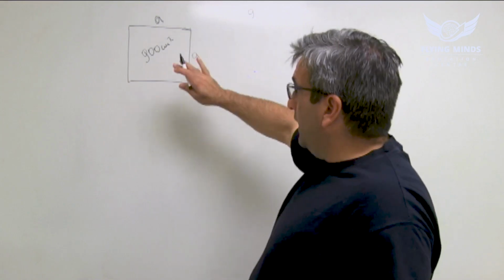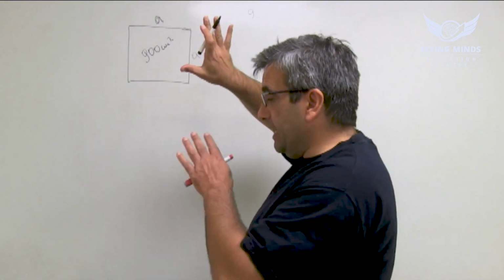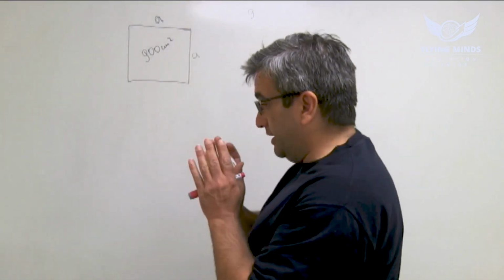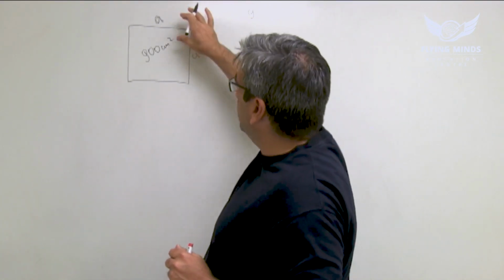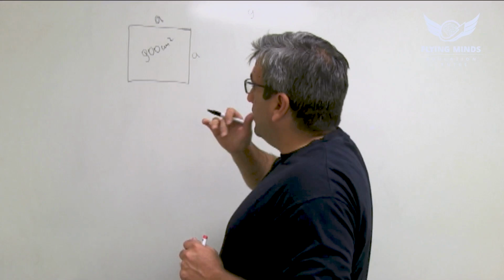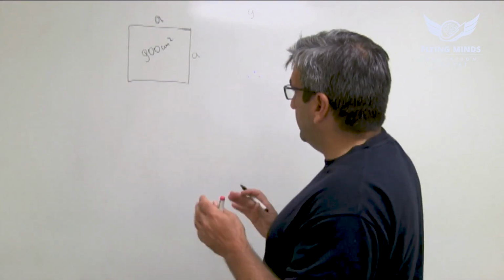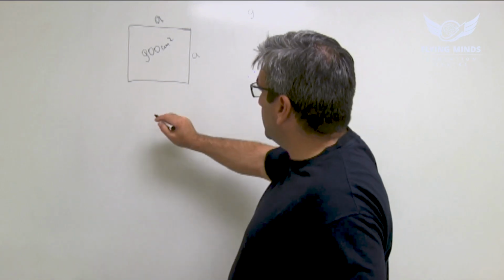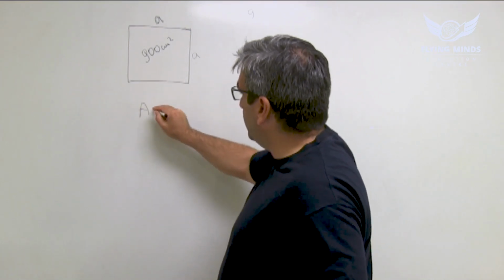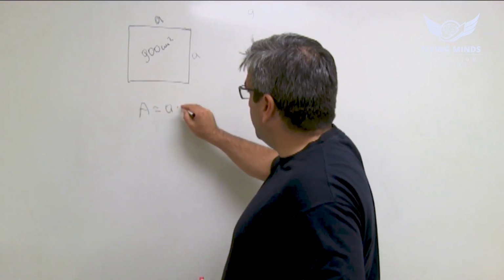So again, we know that if this figure is a square, it must have side lengths of equal size, right? Because the area of the square is a times a.